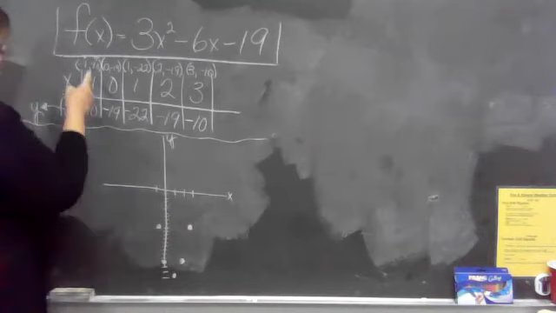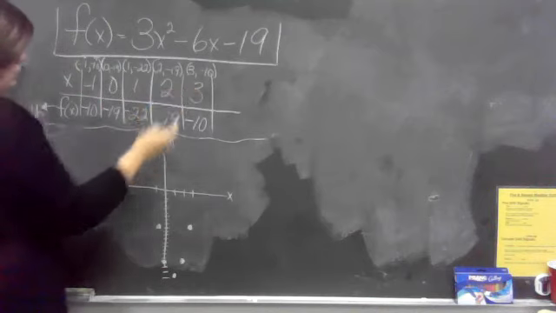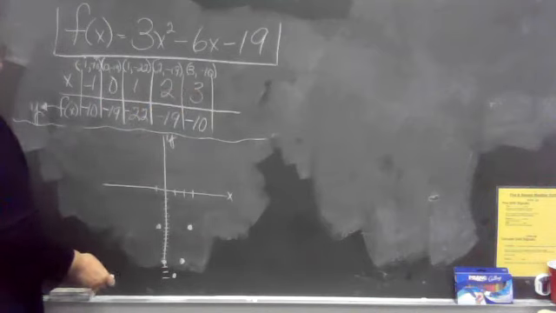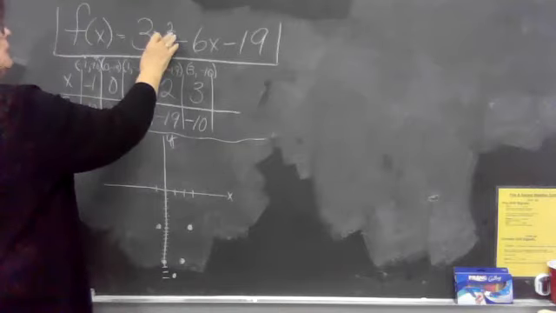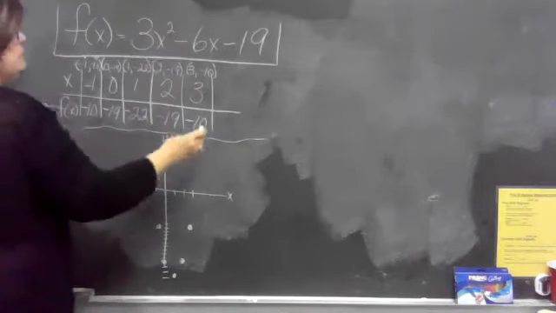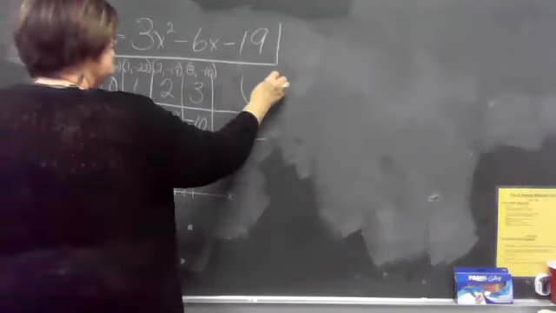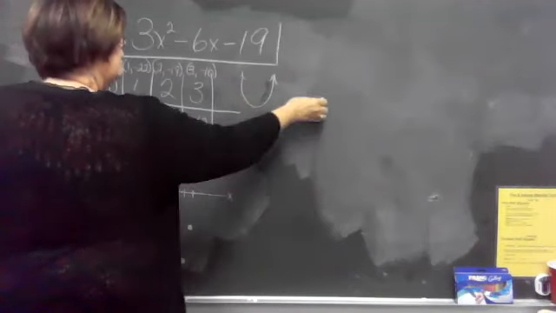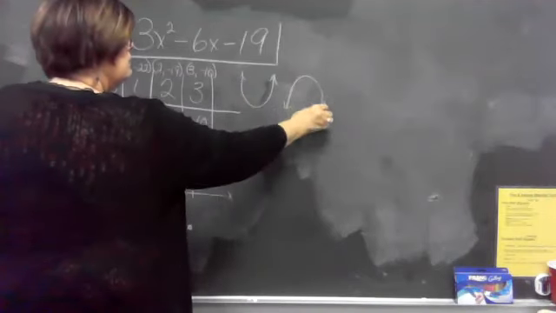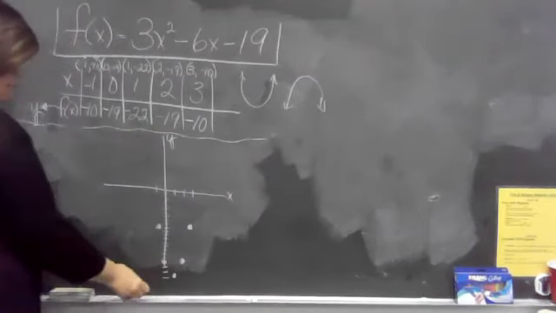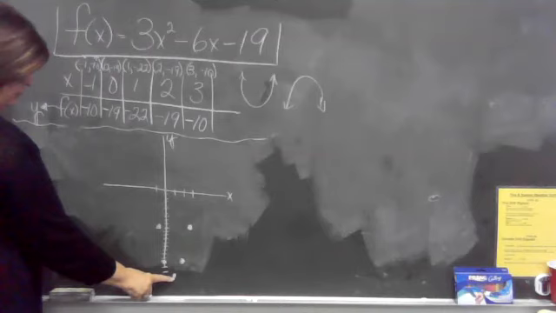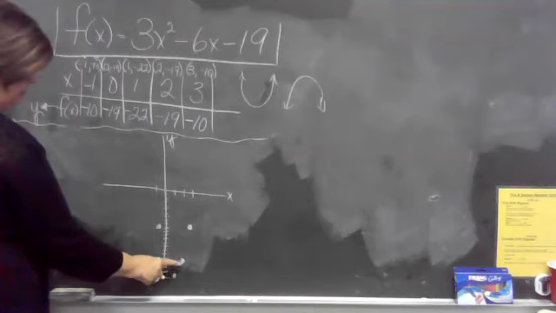So now that I've plotted all 5 points on my graph, you will remember that I've told you that anything that's a quadratic is going to be a parabola. It's either going to go this way or this way. So if you can see here, here's the vertex, here's where it turns.